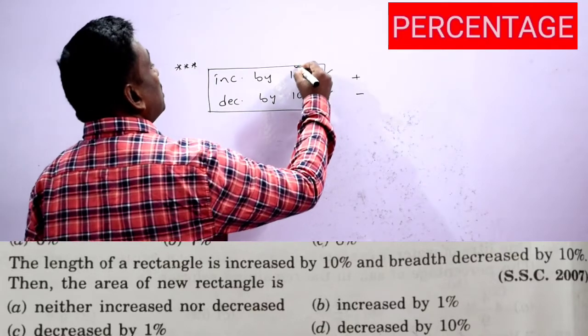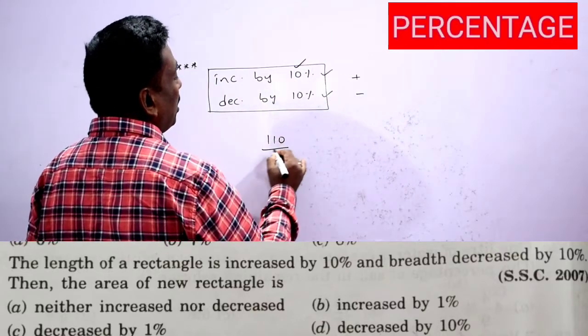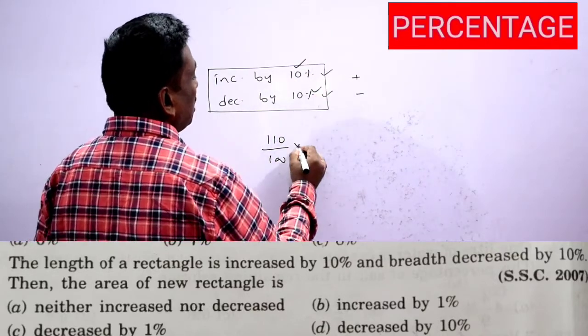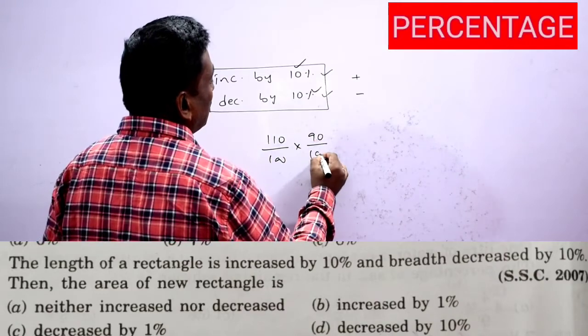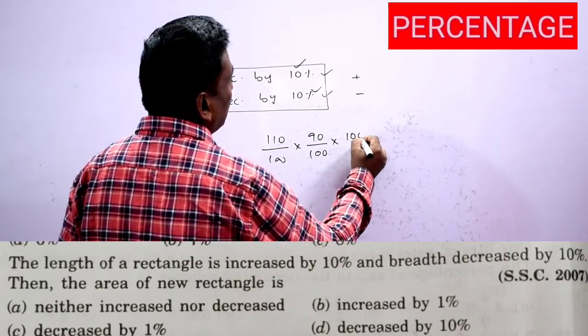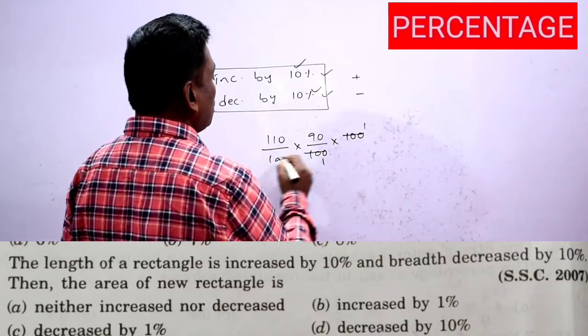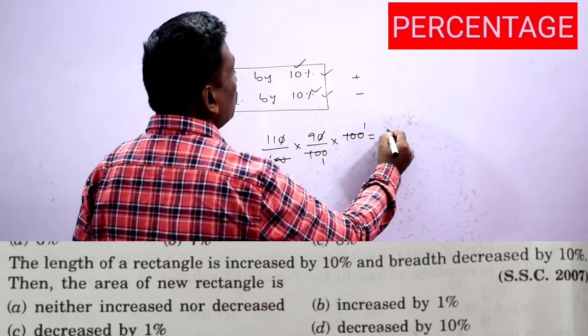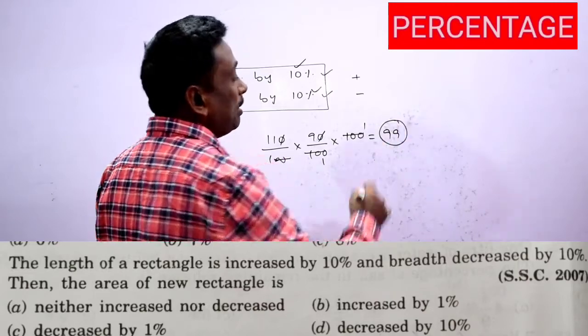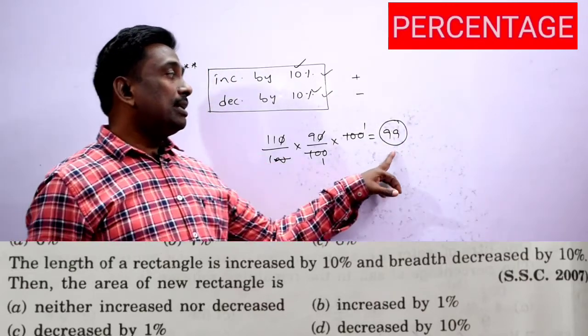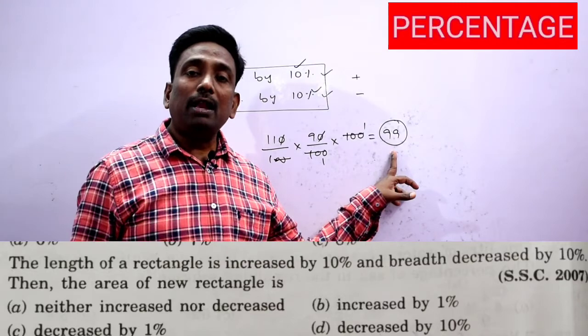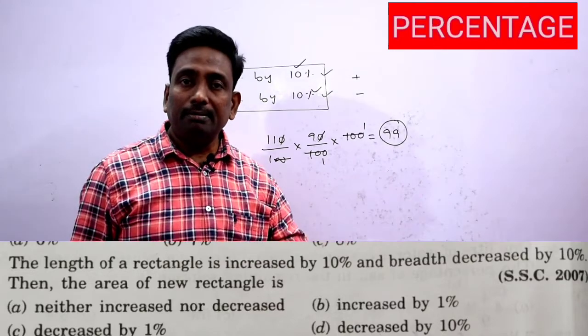Simply, 10% increase means 110 by 100, 10% decrease means 90 by 100. If you want to represent this value in the form of percentage, multiply with 100. Now the 2 zeros get cancelled. This value gives you 99. Compare the obtained value 99 with 100.